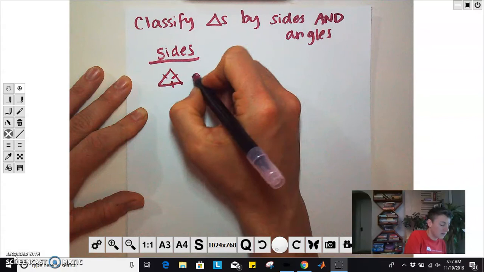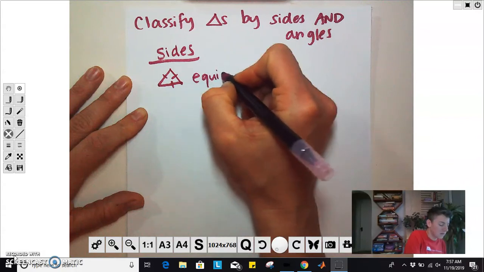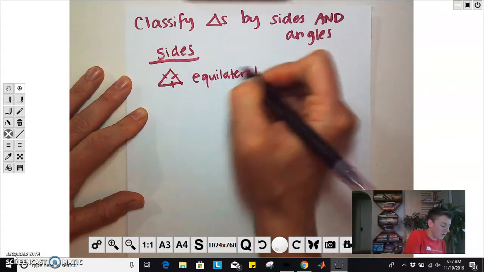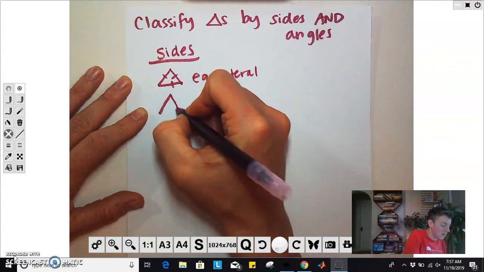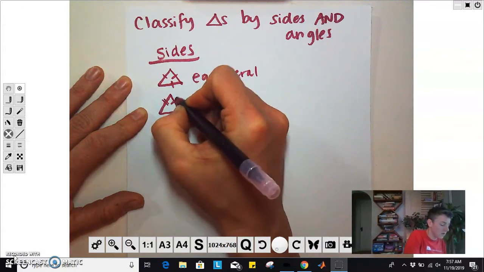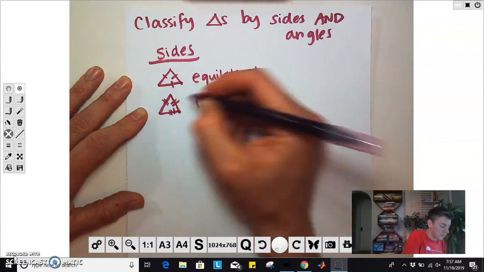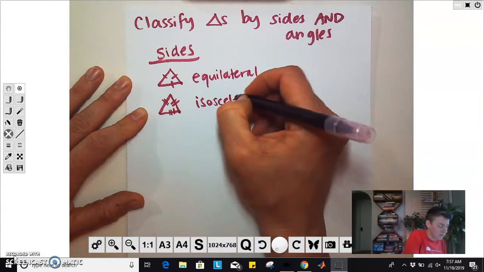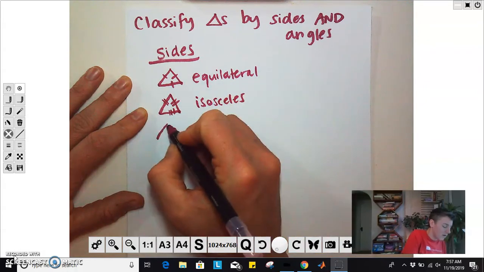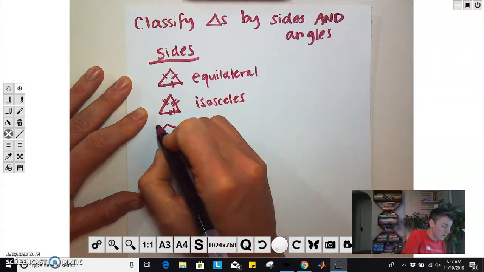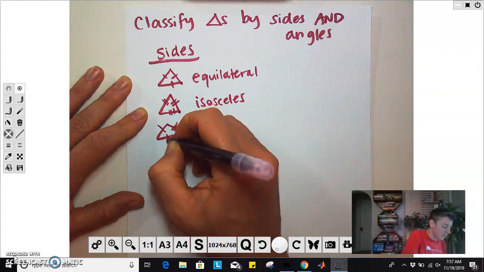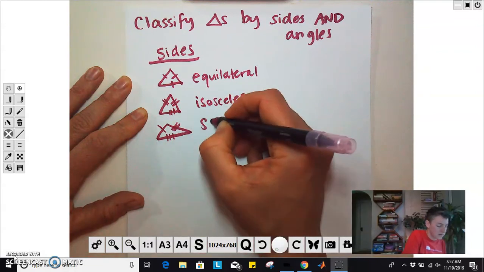That's our equilateral triangle. We could have two sides that are equal. That's our isosceles triangle. Or we could have all three sides different. Call that scalene.